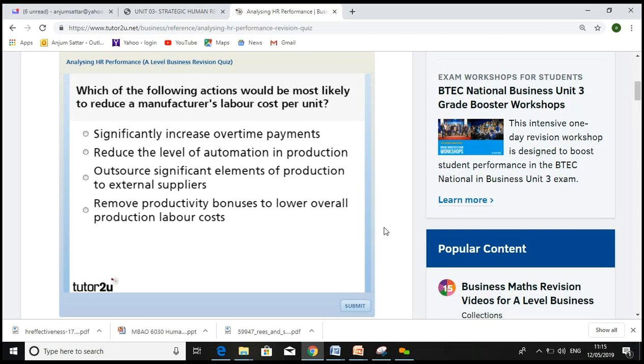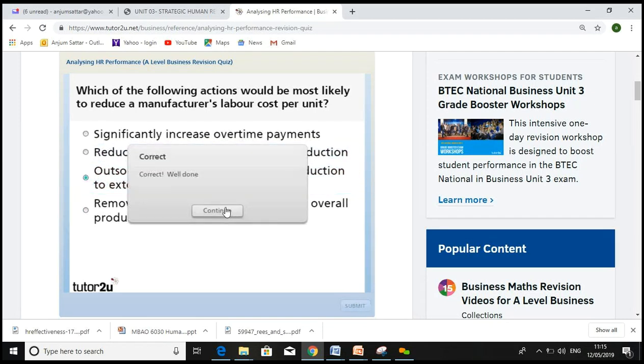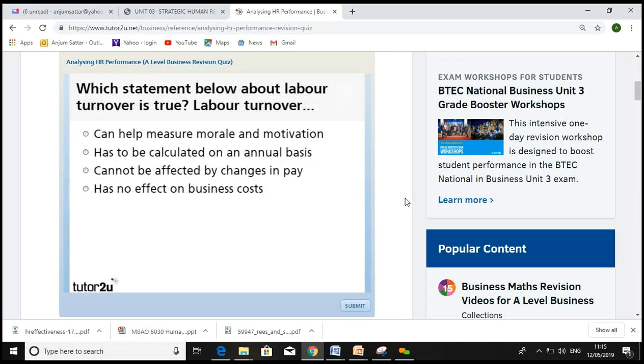Well, the likely one is C. Well done, correct. Which statement below about labor turnover is true?